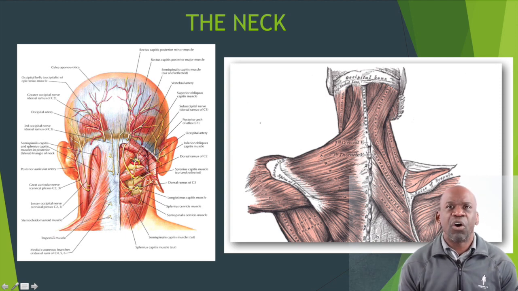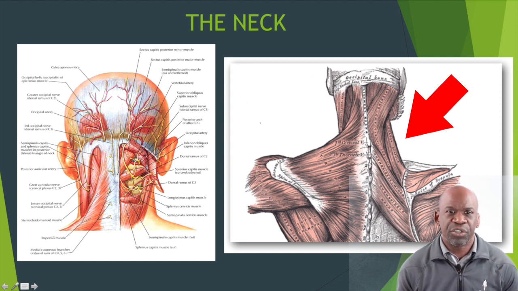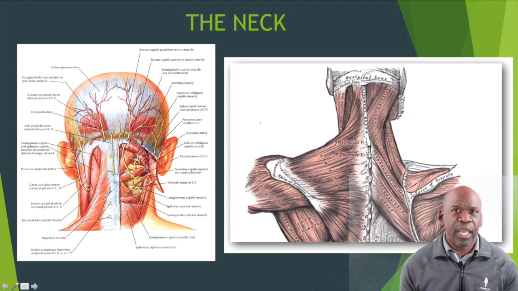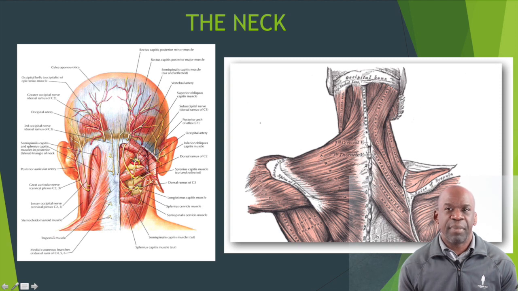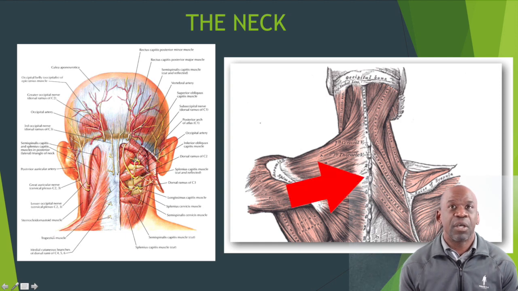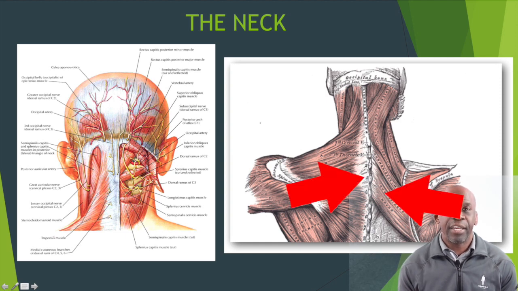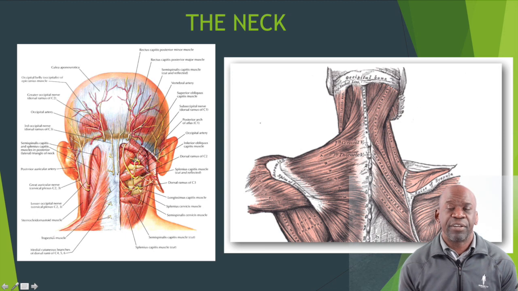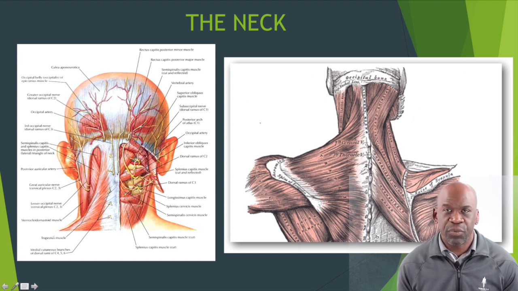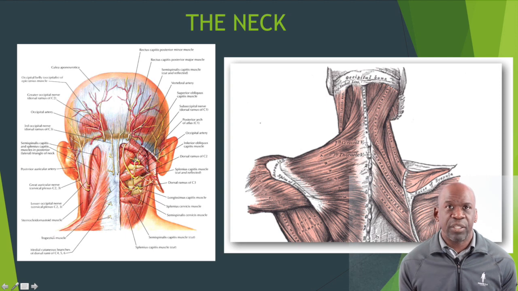I want you to also note that these structures pass in and around or through the various muscles that make up the area at the back of the neck. I also want you to pay attention to the fact that the muscles are present in layers. There are a number of layers of muscles present to help with the positioning of the head and the neck and to help move the head and the neck in conjunction with the muscles of the upper back and the shoulders.